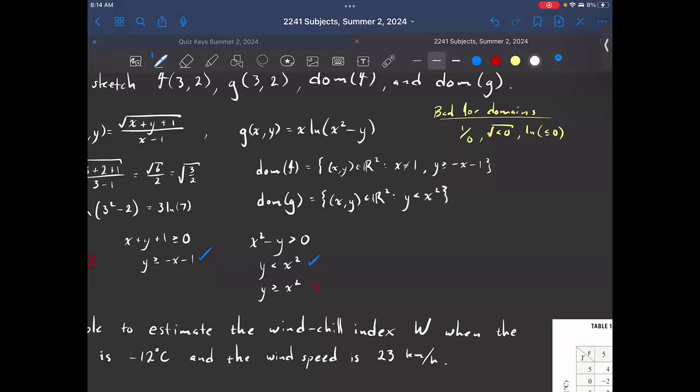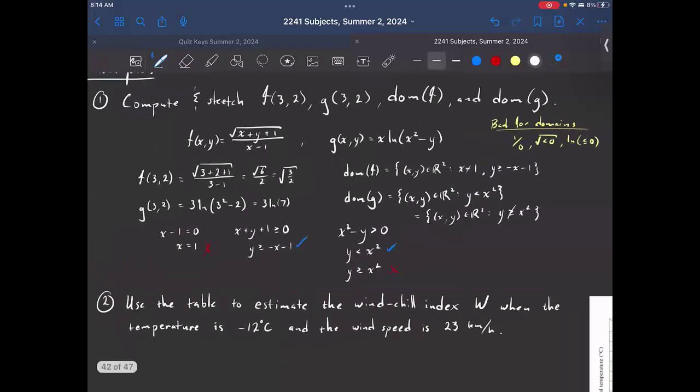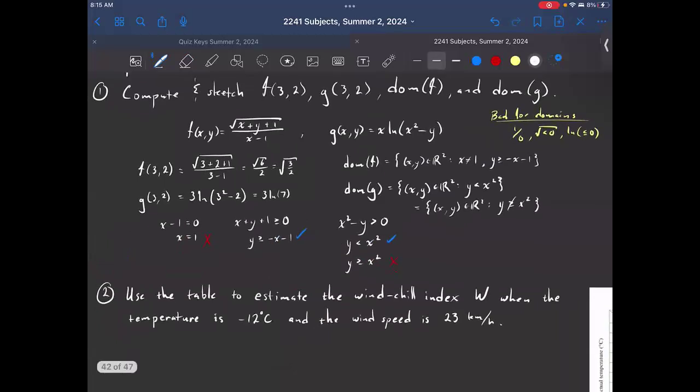You can also use the complement: x, y in R2 so that y is not greater than or equal to x squared. Okay, so that's how to compute values of functions and domains.